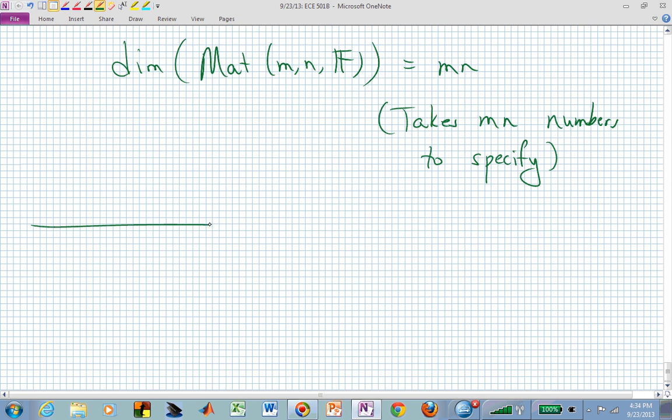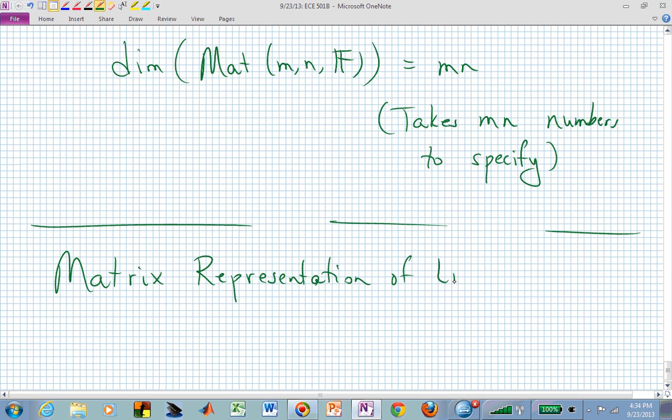Now we've looked at two properties of matrices, matrix addition and scalar multiplication. We also might want to multiply these matrices. So, matrix representation of a linear map, multiplication.